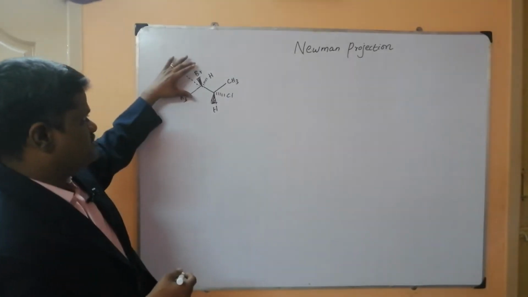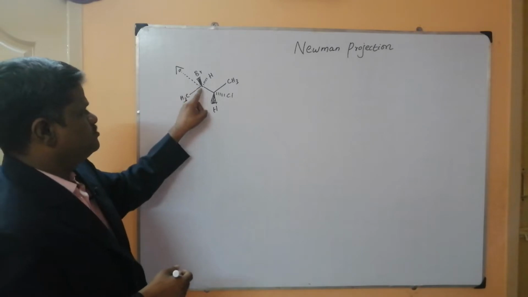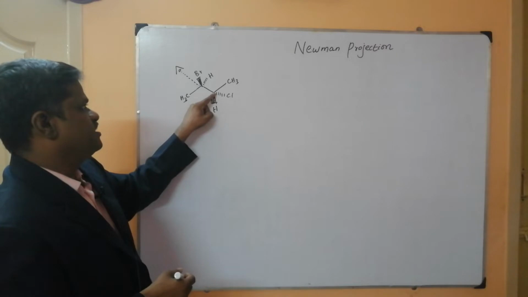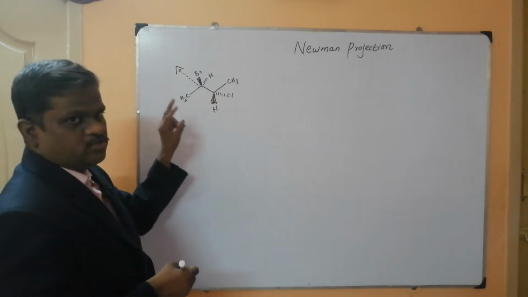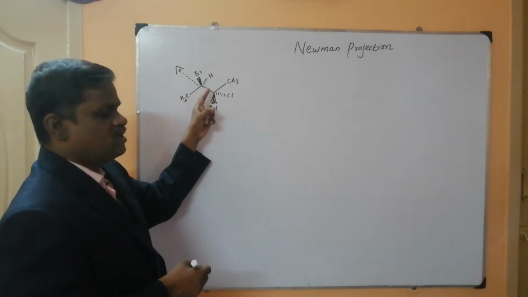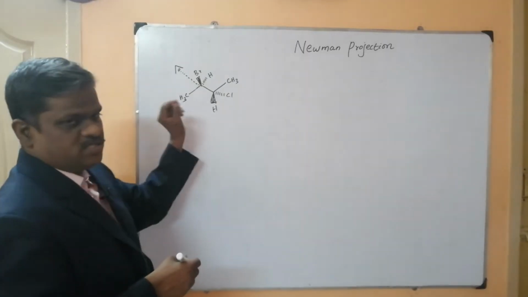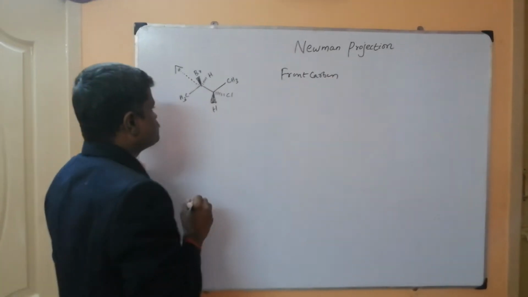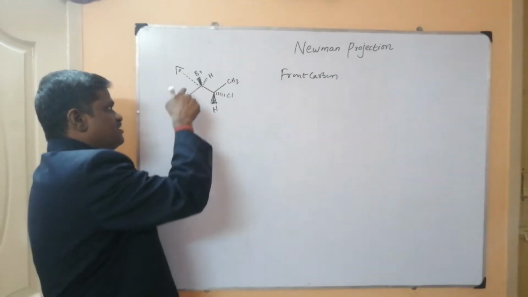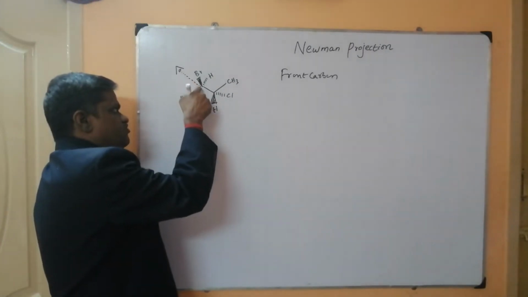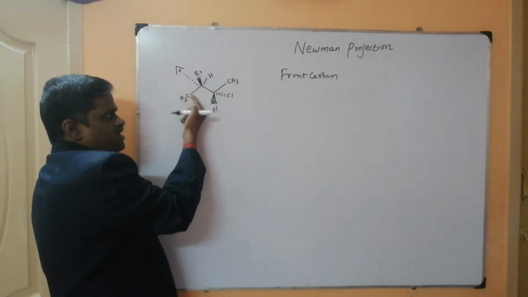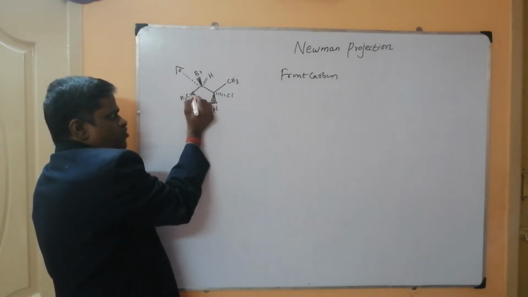So the angle of view is like this. From this view, this is your front carbon and this is your back side carbon. Now you are going to draw the front carbon and the back carbon. First we take the front carbon. Please listen carefully. When we are viewing this carbon, see, this methyl group is coming down.